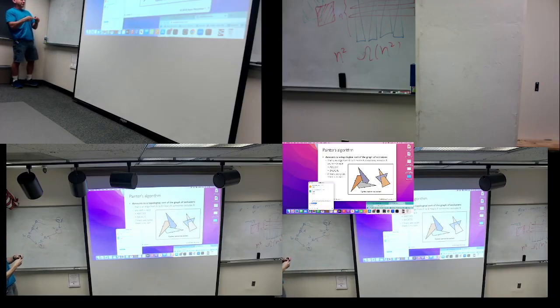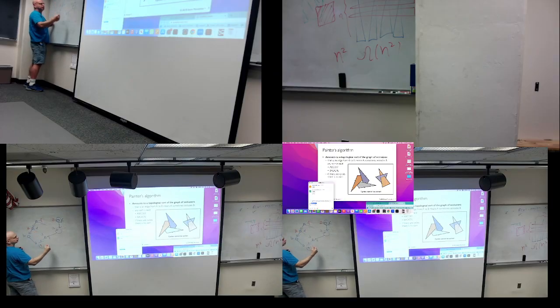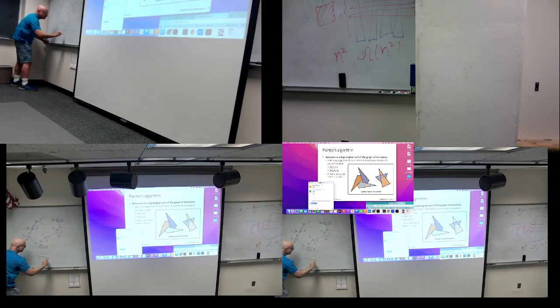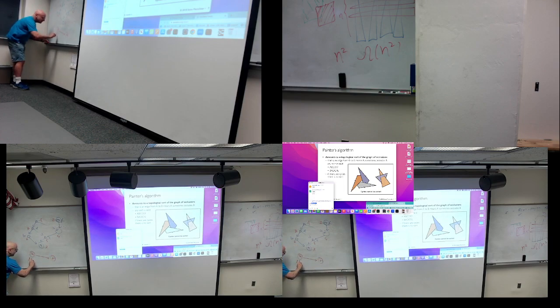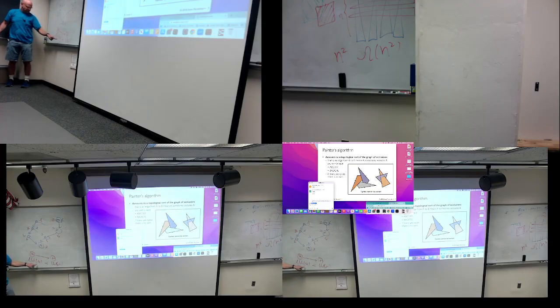So a possible order might be 1, 2, 3, 4, 5, 6, 7, where the idea is that I give each node a label, such that if you have an edge from node U to node V, then the label of U should be smaller than the label of node V. That's called topological sorting.